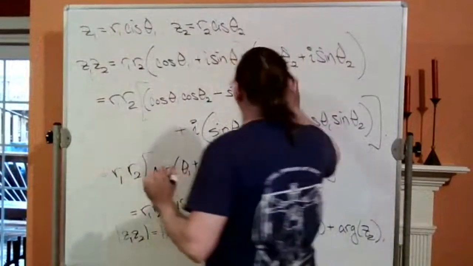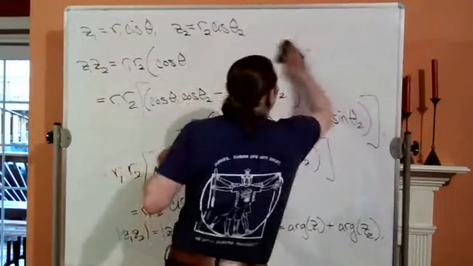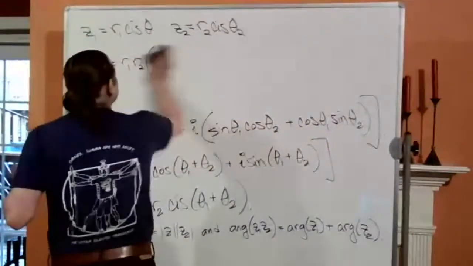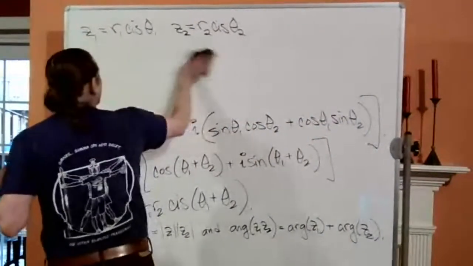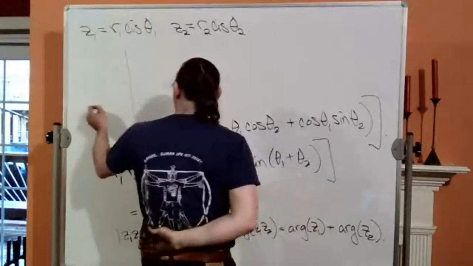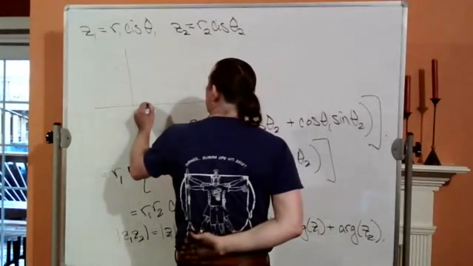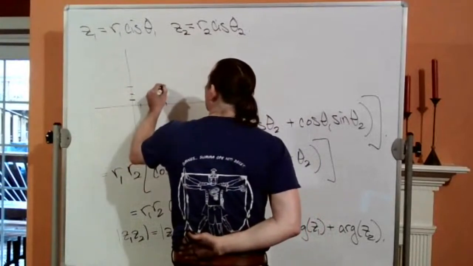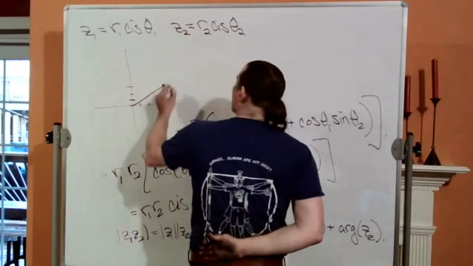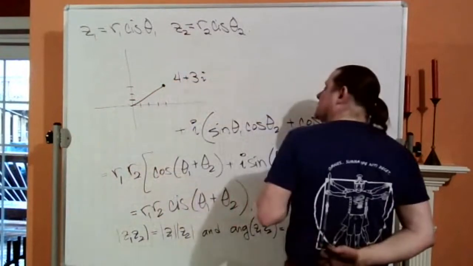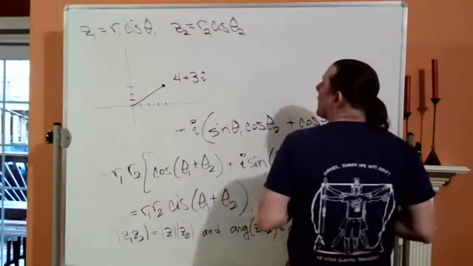To see that more clearly, let's look at a very simple example. Here is the complex number 4 plus 3i.